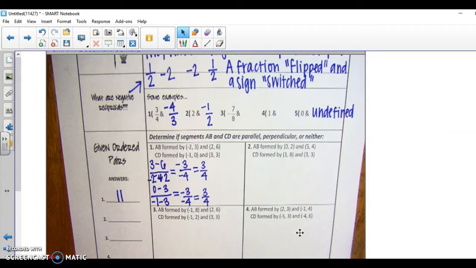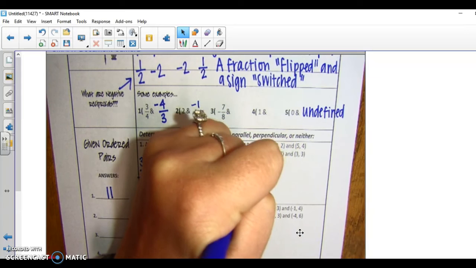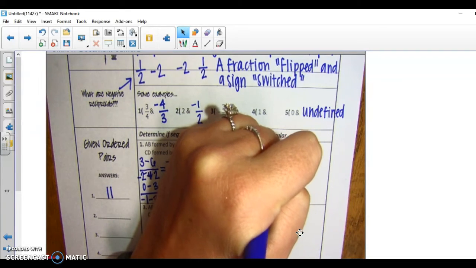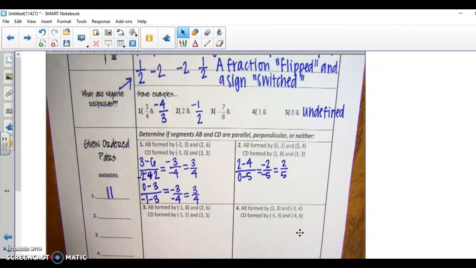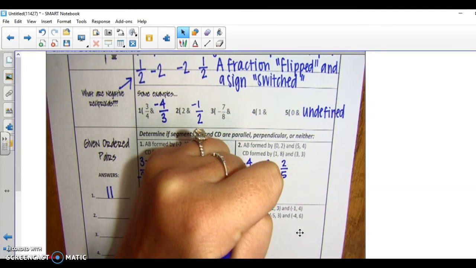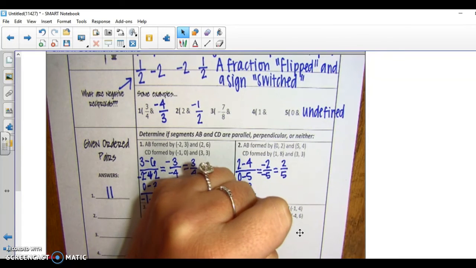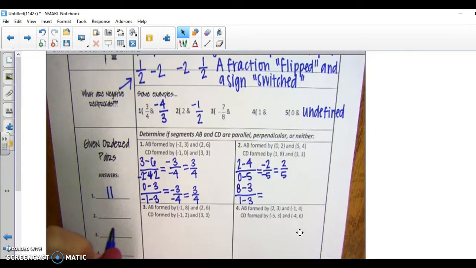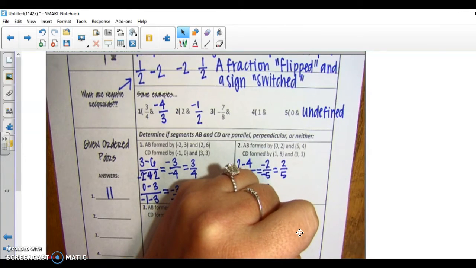Okay, so let's do number 2. So again, we would just do 2 minus 4 over 0 minus 5. So we end up with negative 2 over negative 5, which comes out to 2 over 5. Alright, then we'll get the slope of the second one. So we get 8 minus 3 over 1 minus 3. So we end up with 5 over negative 2.